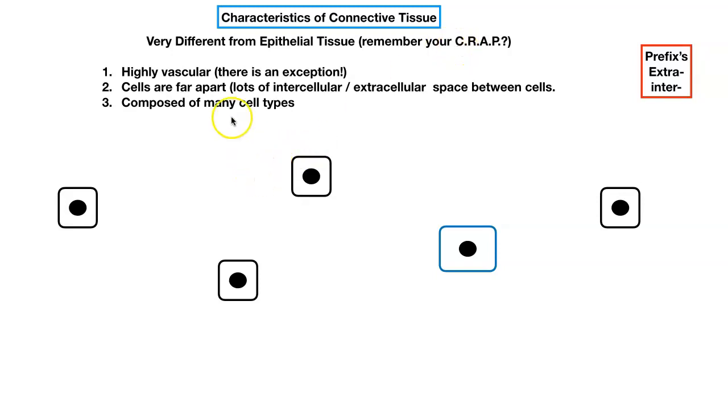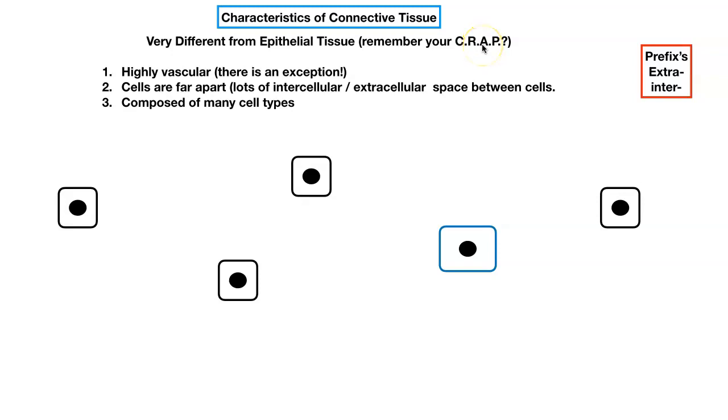In connective tissue, the cells are far apart. Here's our cells. They are far apart. There's lots of intercellular space in between these cells. Extracellular means outside the cell.